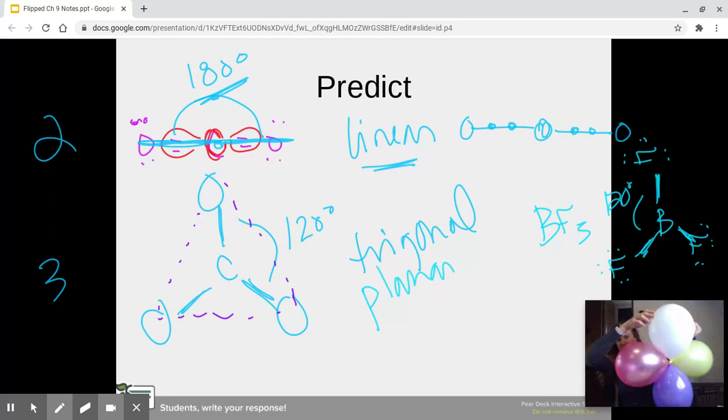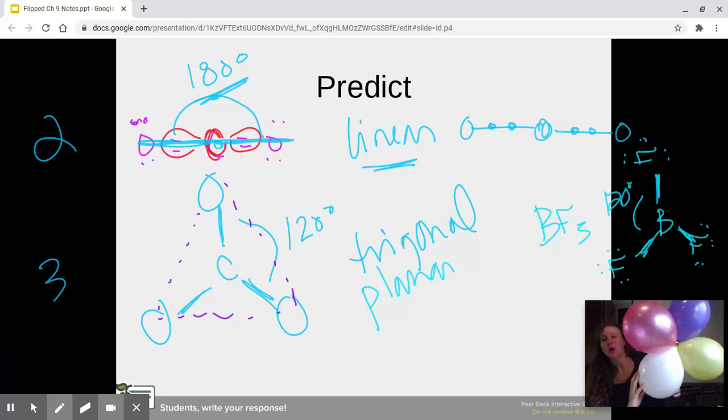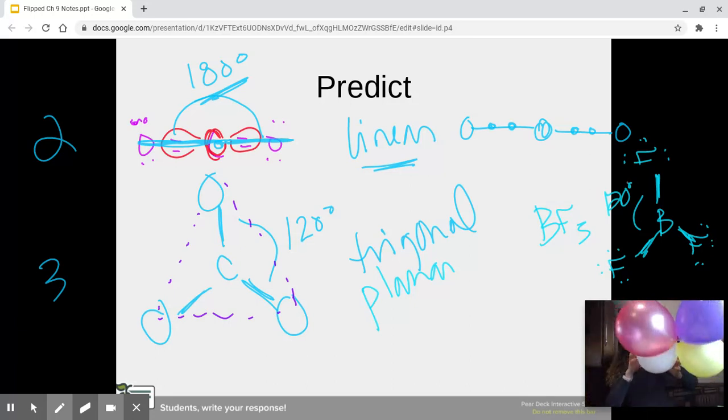Notice I do have 90 degrees in a plane, but this is a high energy system, and watch what happens when I exert some force onto the system. It's actually going to fall into a lower energy system. Let's see if I can get this on the camera. There you go. I just shook it just a little bit, and the balloons fell into a more stable, lower energy arrangement.